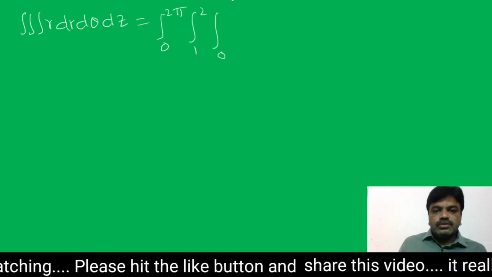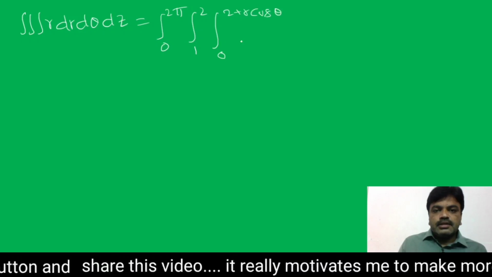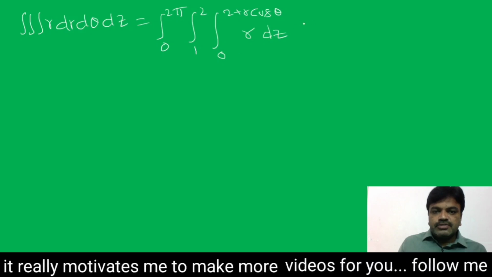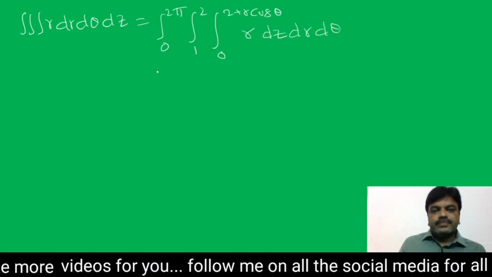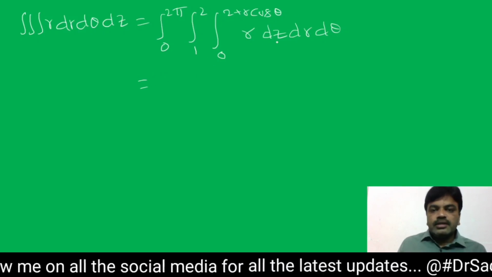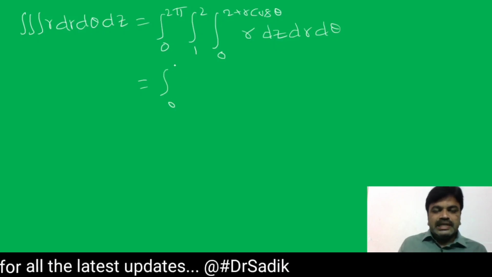This is the limit for dz, this is the limit for dr, and this is the limit for d theta. Here the limits are in terms of r. So first integrate with respect to z; don't integrate separately.